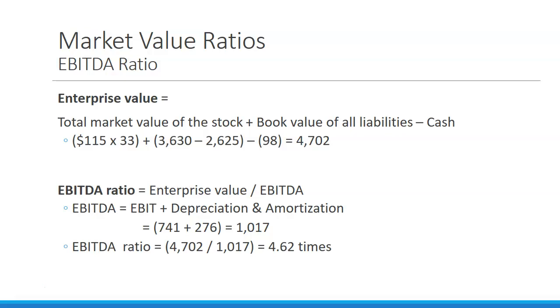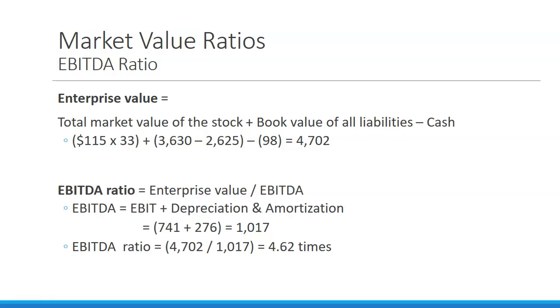Then we would look at the EBITDA, as it's called. This is earnings before interest and taxes, EBIT, plus depreciation and amortization. This is a recognition that net income does not equal the cash flows within an organization.